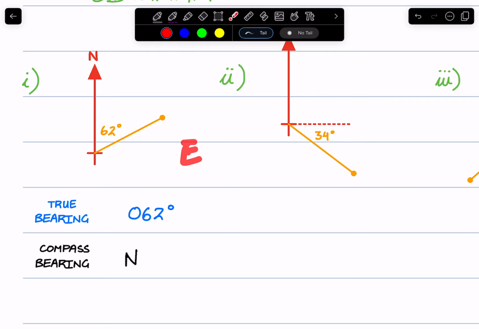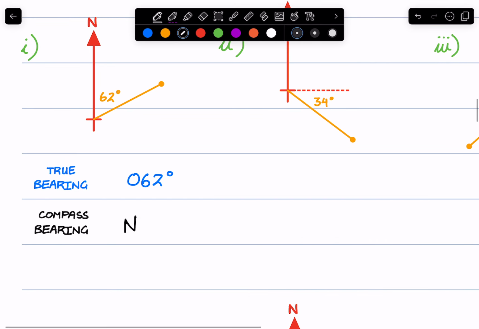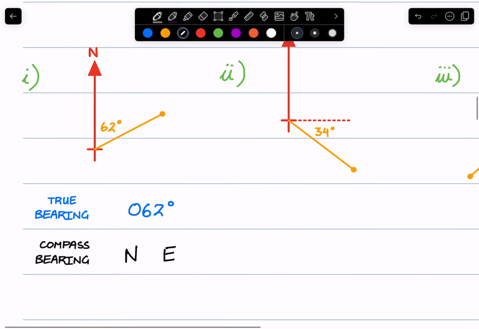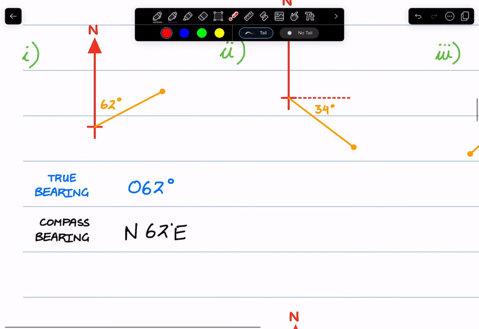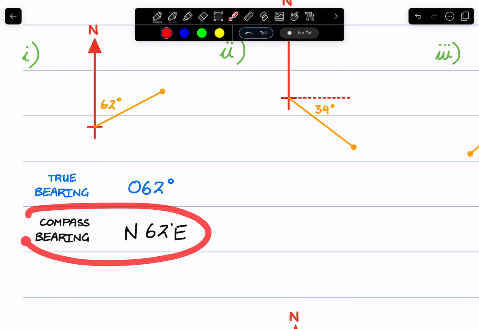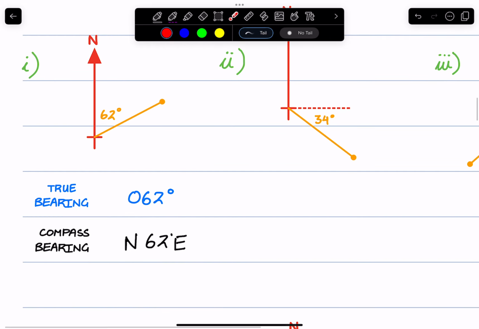Well, in this case, we need to rotate towards the east. So it's north something east. And then we ask, how many degrees do we need to turn in order to get to that line? Well, in this case, it would be 62. So the true bearing for this is 062 degrees, whereas the compass bearing for this is north 62 degrees east.